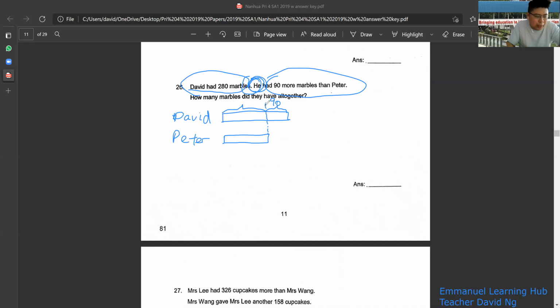So 280 minus 90 is 190. Okay. That's how I get 190 here.